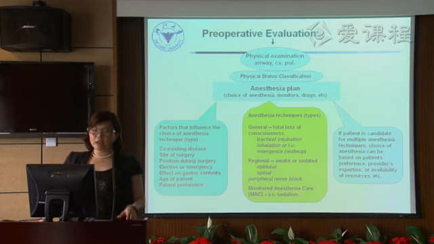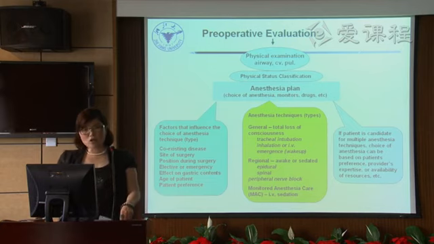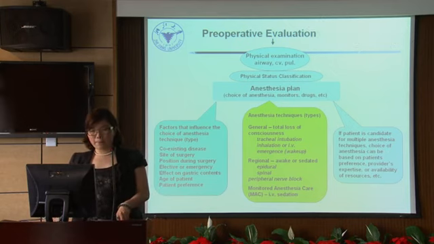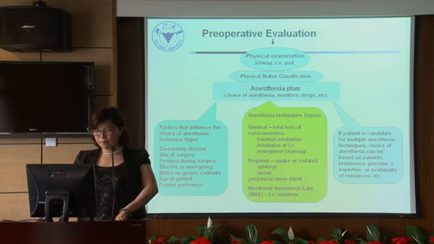For example, the coexisting disease and the site of the surgery. If the patient undergoes brain surgery, we should give general anesthesia, for example. And the position during the surgery, and elective or emergency surgery, and so on. These factors all influence us to choose the type of anesthesia.